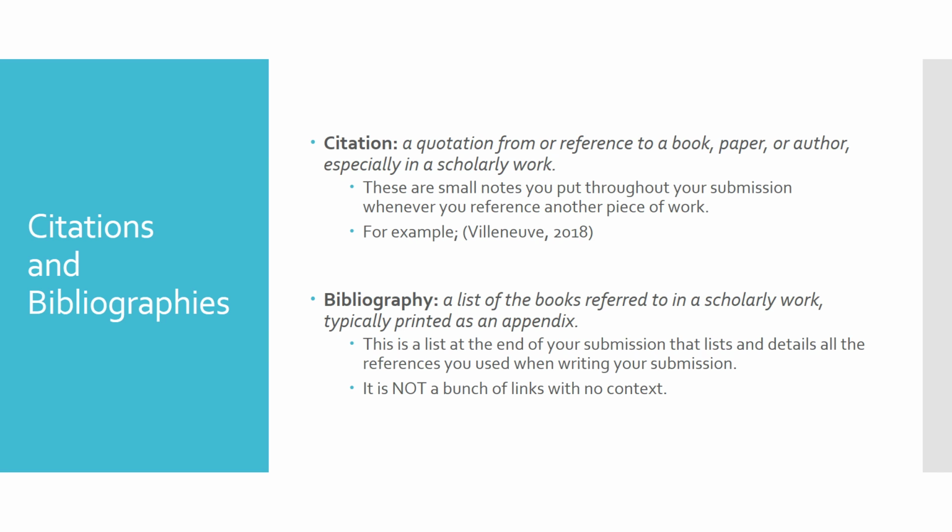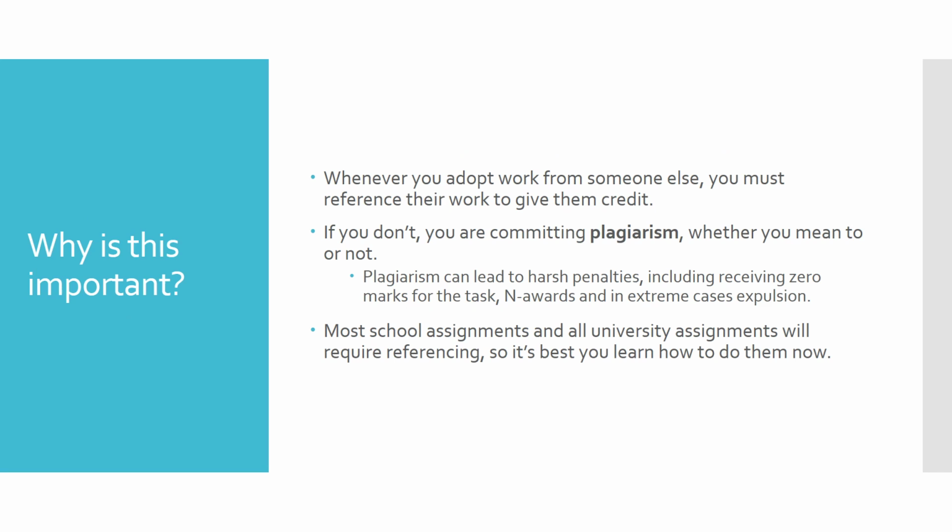Whereas a bibliography, I'm sure you guys are all aware of this, is a big list that comes up at the end of your submission, which lists everything that was in that piece. Now, what you can't do is just put down a big bunch of links that you used. You need to do it properly. But again, what you'll see towards the end of this video is that making a bibliography is incredibly simple using some functions in Word. So that's what you need to be looking to do.